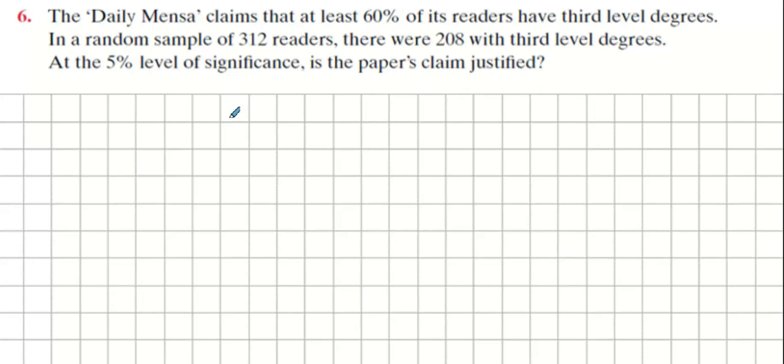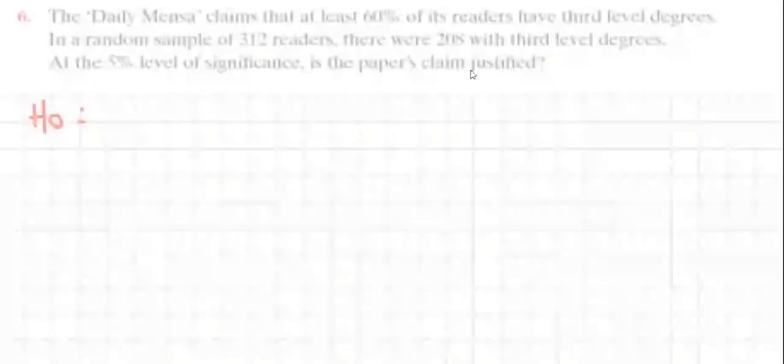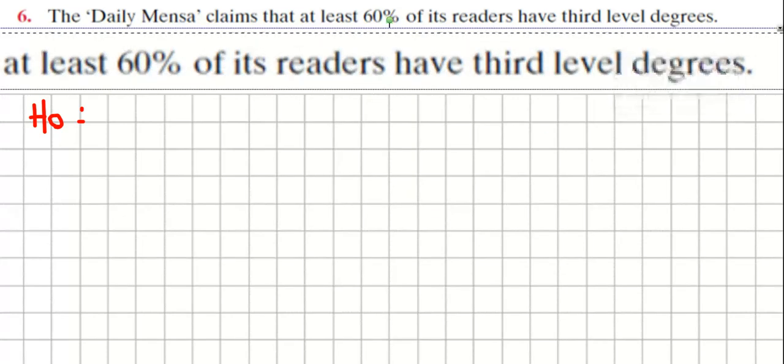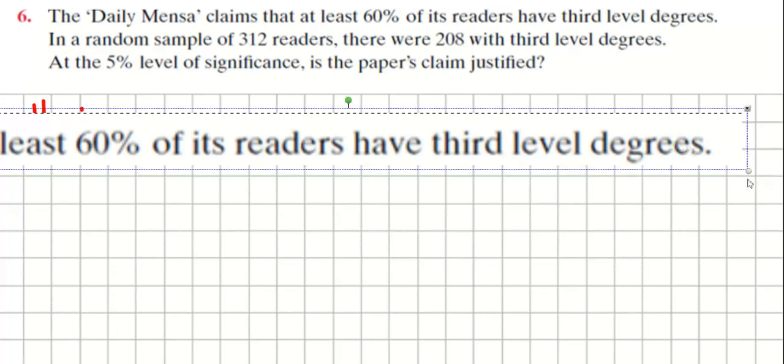Okay, guys. Now, let's start off. H0, what do we reckon? Yeah, I'm going to be quite lazy here. I'm just going to do this. That's pretty lazy, but you get the gist, right? I'm just reusing the question.